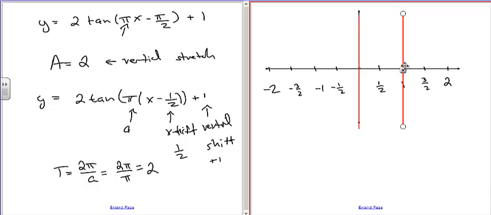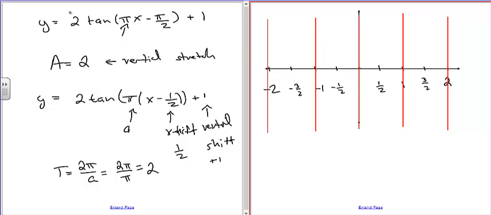and then we can do all the other ones. So we're going to create another asymptote, half a period that way, half a period that way, half a period that way. Okay, so this was used to fix the distance between the vertical asymptotes and determine the scale.